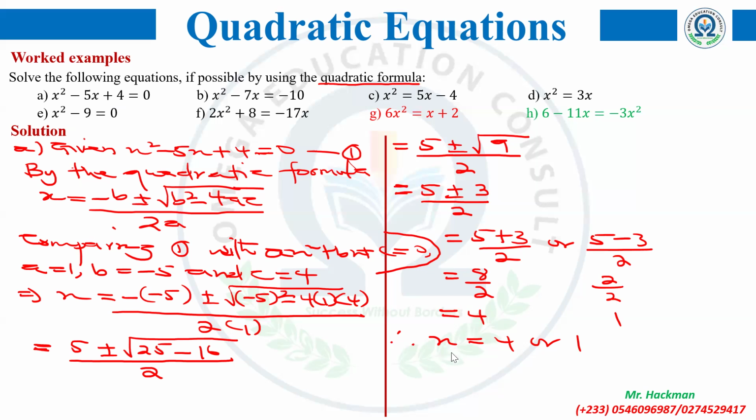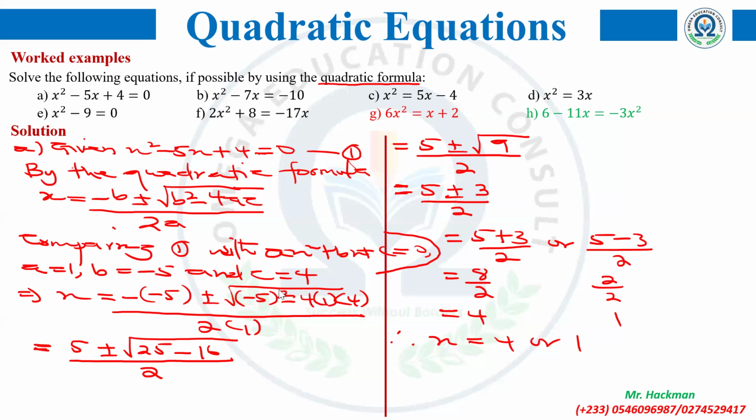Did you get the same solution? If you have your notes, we had the same solution. Is that not it? So this goes to say that anytime you solve any equation by factorization or quadratic formula, you end up getting the same result. So irrespective of the method that you use, you get the same result.